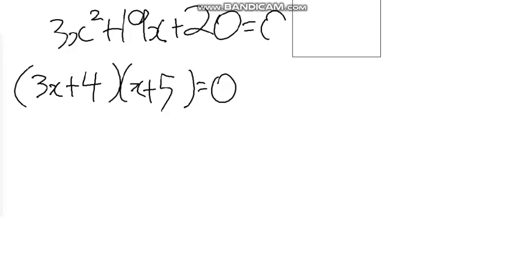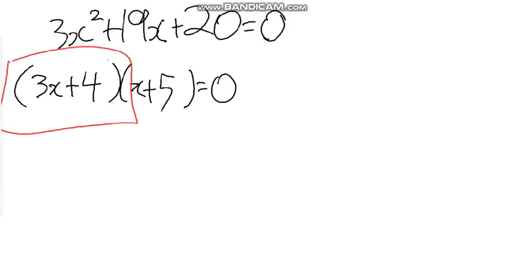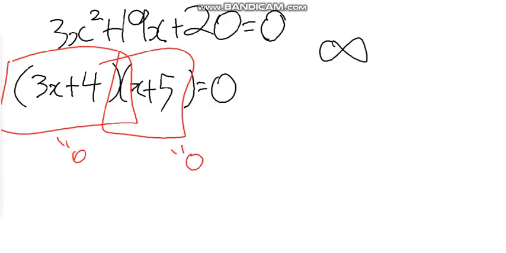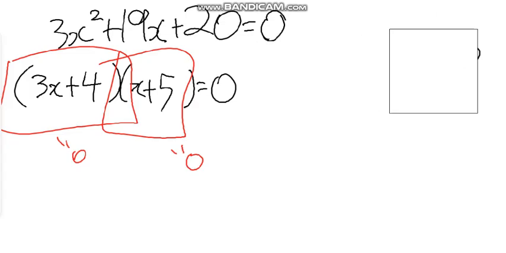Now, as I showed you before, at least one of these has to be 0, so the answer will be 0, because anything times 0 equals 0. Even infinity, which is pretty much the biggest number.